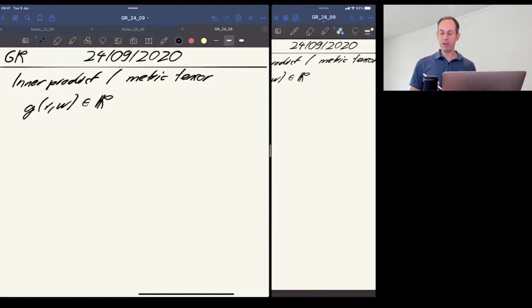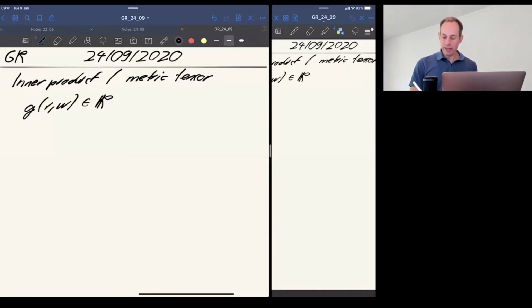So remember, a metric tensor or an inner product is therefore a 0,2 tensor that is symmetric in the two arguments under exchange and positive definite. That was another property that we mentioned. And I will come back to that property because we have to weaken that for the purposes of treating general relativity.